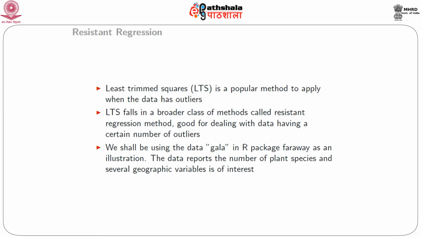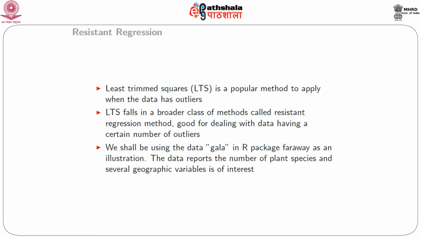Here, one minimizes the summation for i running from 1 to q of epsilon (i) square, where i within parenthesis indicates sorting, and this sum is up to q, where q is some number less than n. This method has a very high breakdown point because it can tolerate a large number of outliers depending on how q is chosen.